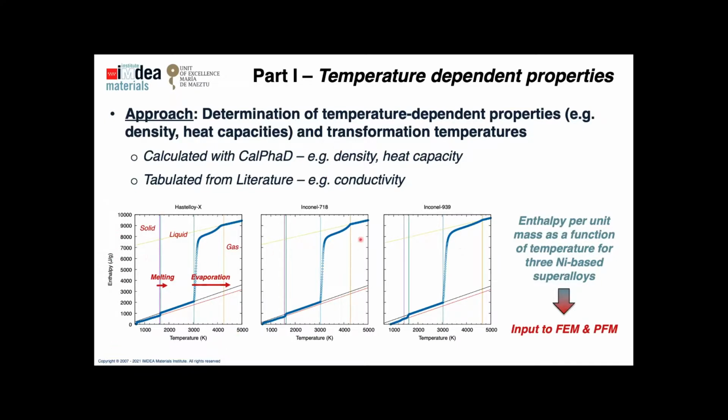We have graphs for different properties like that, where you see the melting and the evaporation: solid, liquid, gas. From there, you can extract an effective heat capacity that you can throw into your finite element model, and properties like transformation temperature that you can feed into your phase field model. So the CALPHAD simulations give us some key parameters to input into the other models.